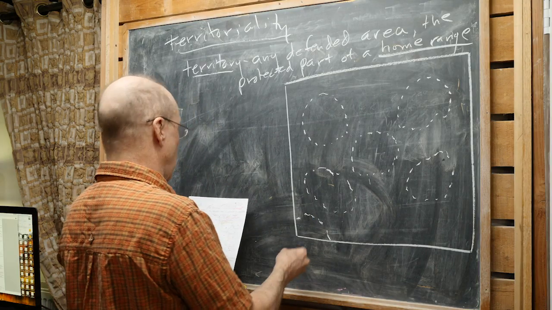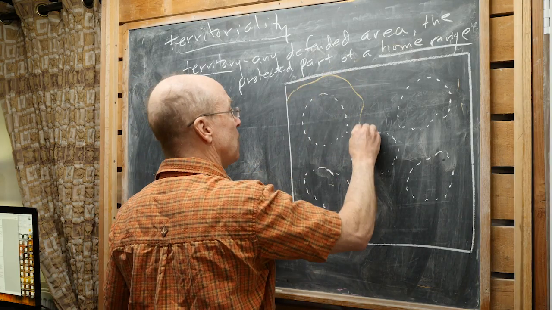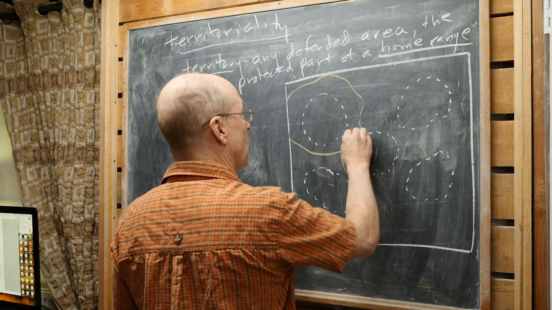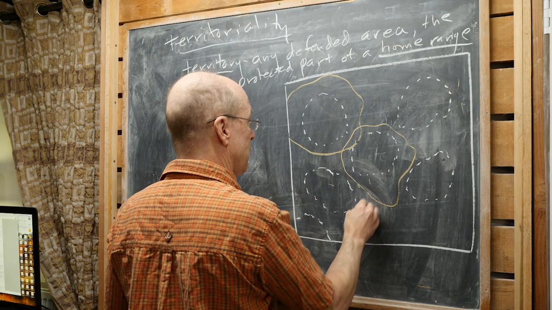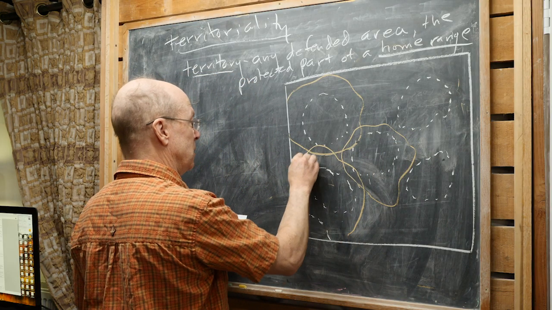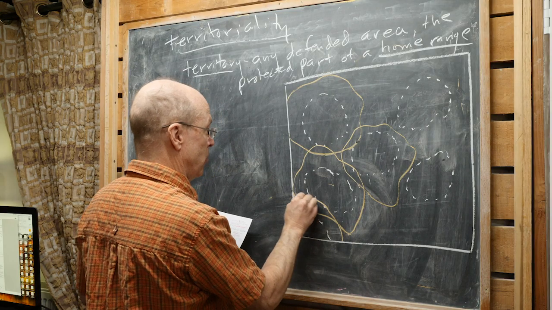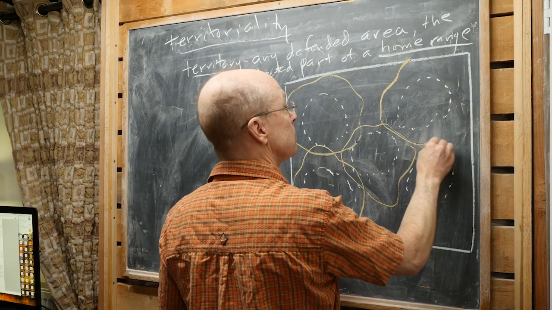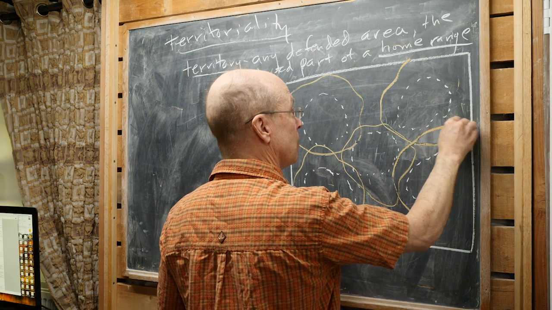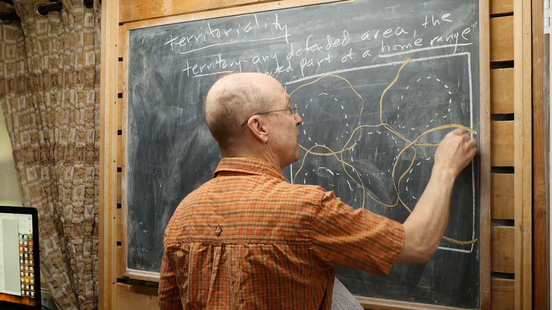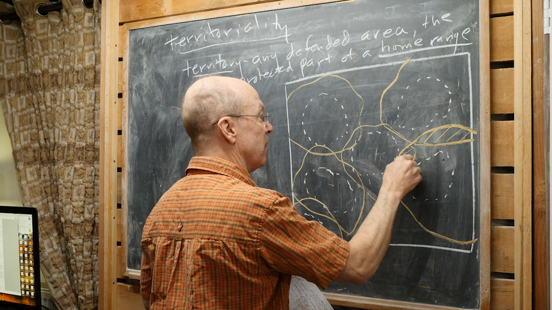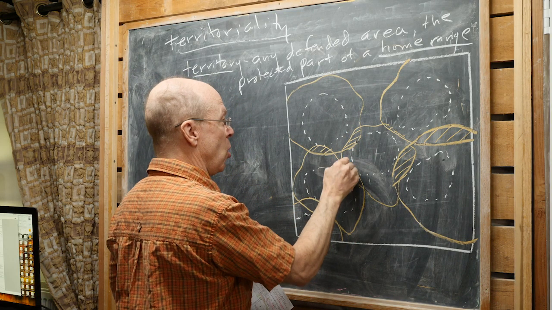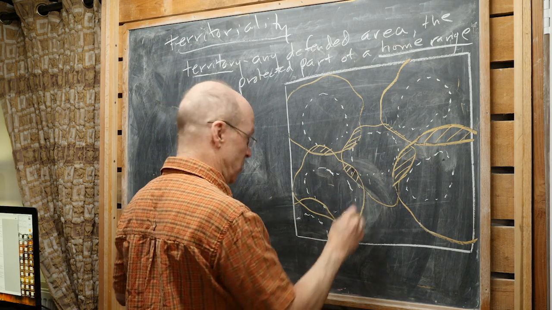I'm going to change the color for the home range. So here's a home range. Here's a home range that has overlap. Here's a home range. Here's a home range. So check these areas out. These areas here have shared or overlapping home ranges. That's not supposed to be territory there.